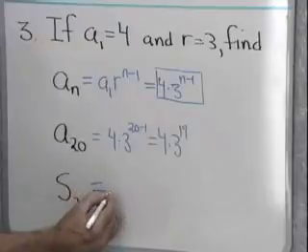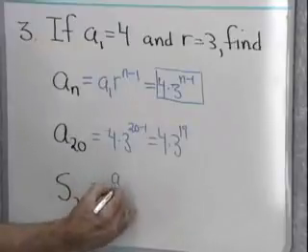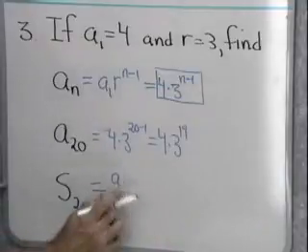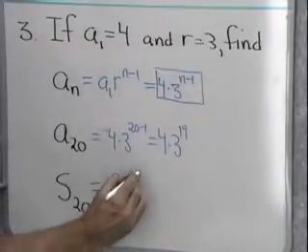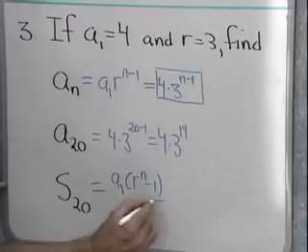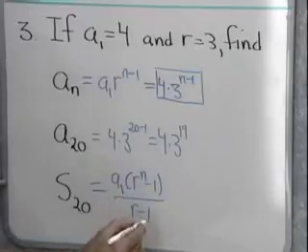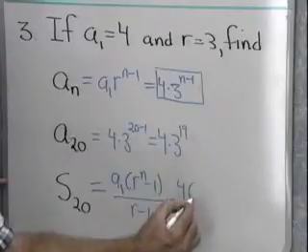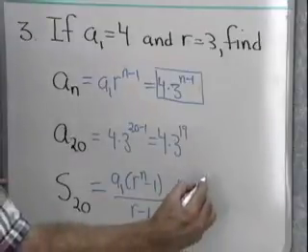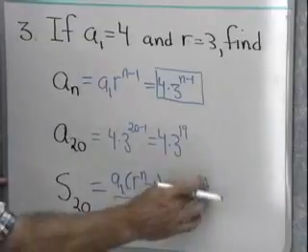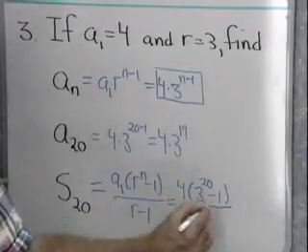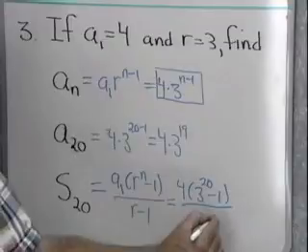It will be equal to the first term, a sub 1, times r to the n minus 1 divided by r minus 1. So I'll just substitute in a sub 1 is equal to 4, r is equal to 3 to the nth power, and n is 20 in this case, so 3 to the 20th minus 1, all divided by r minus 1.